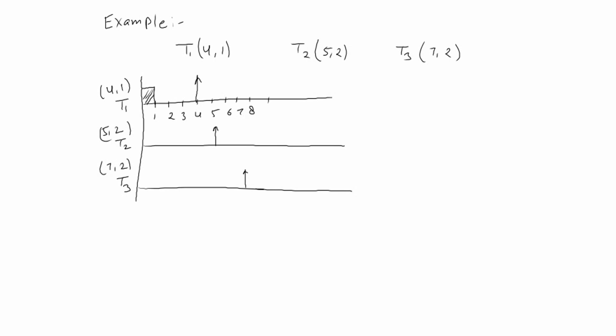So now whose deadline is first? T1 is gone already, so now T2 has a deadline of 4, and T3 has 6. Whose deadline is first? Obviously T2, so T2 will execute here, and it takes 2 unit times, so it will be executed.